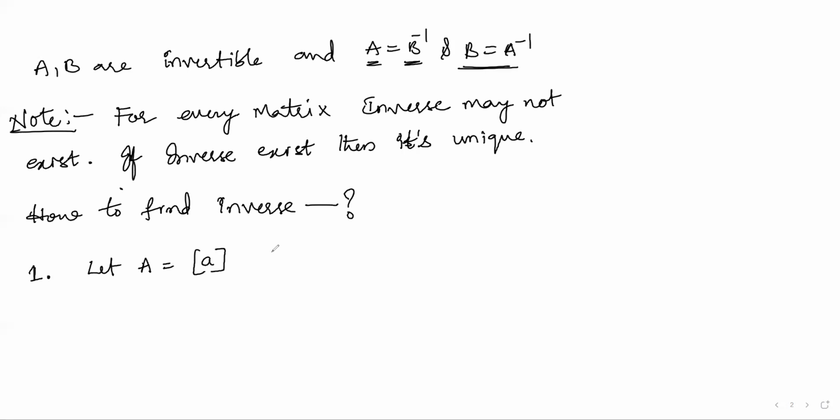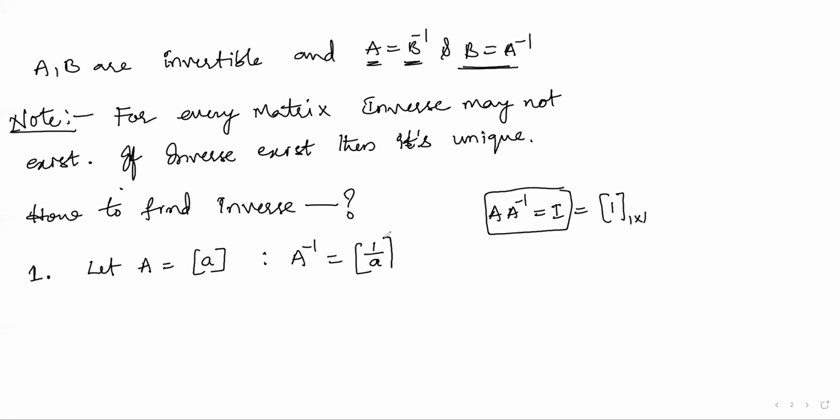What is the inverse? A inverse equals 1 by A. A into A inverse should equal I. If you multiply, you get I, which for a 1 by 1 matrix is only 1. So it is 1 by A, very simple.